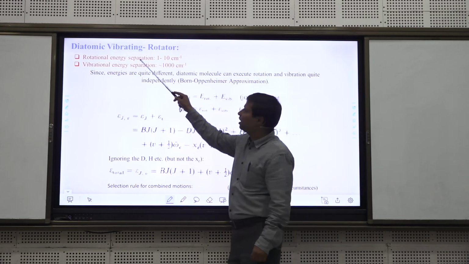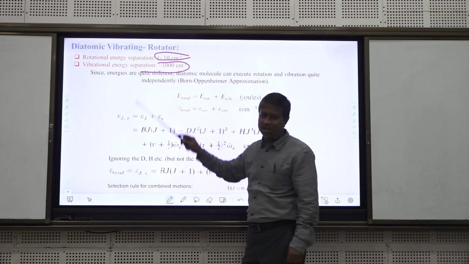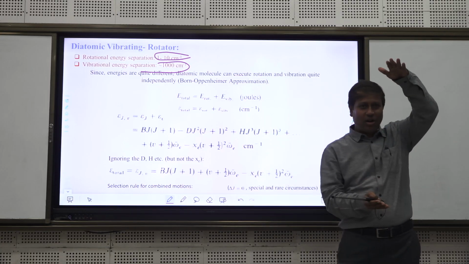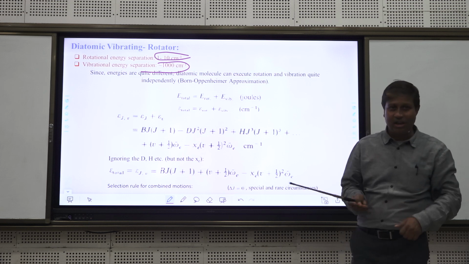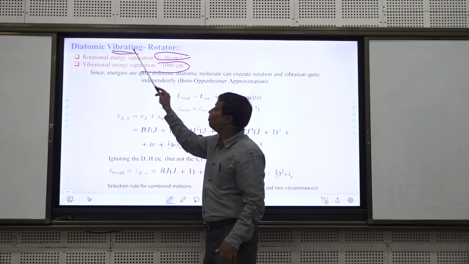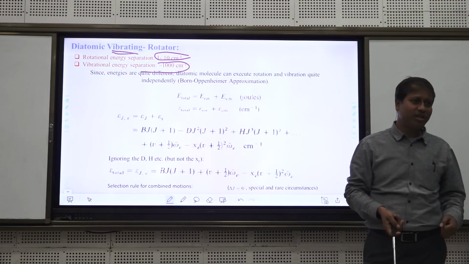So that is the rotational energy separation, whereas the vibrational energy separation is this. When you are talking about the bigger separation, obviously the smaller energy processes will also take place. So vibrational spectroscopy will always have a contribution from the rotational transitions.